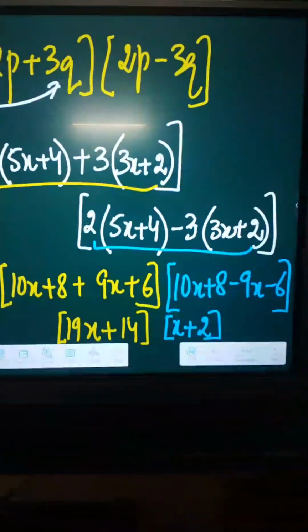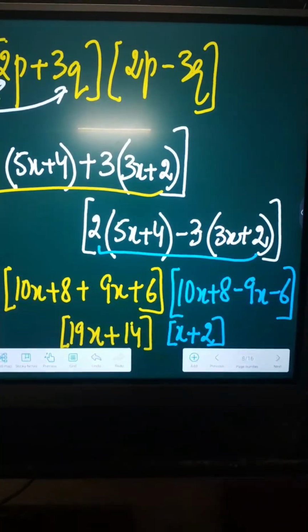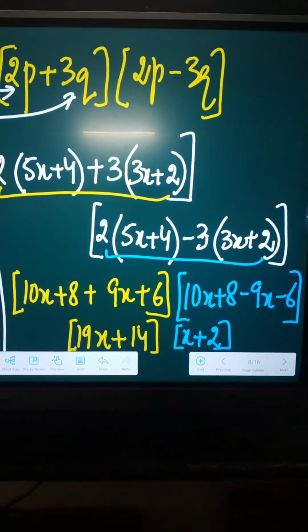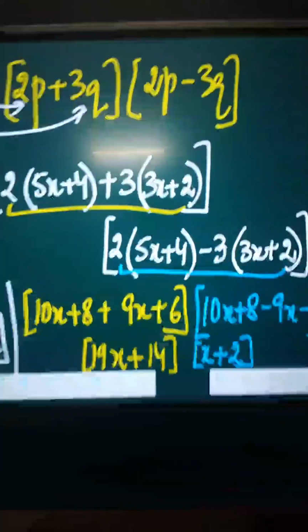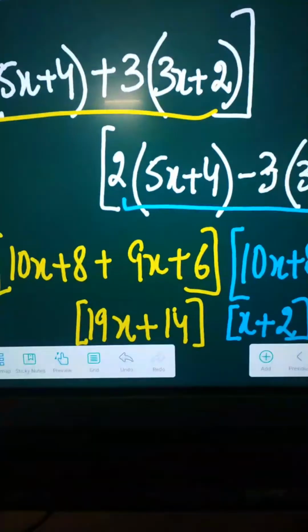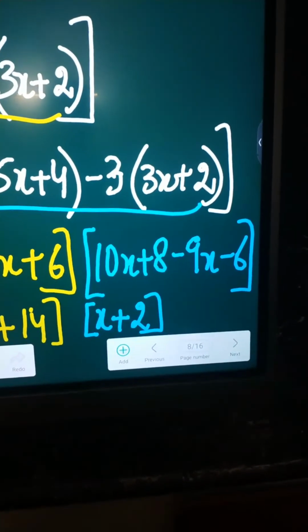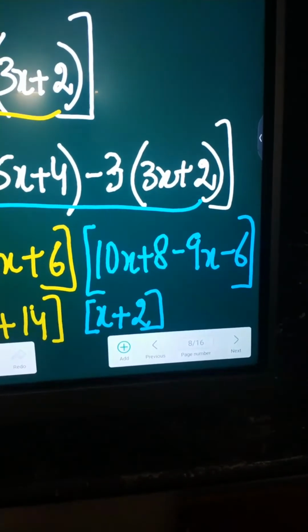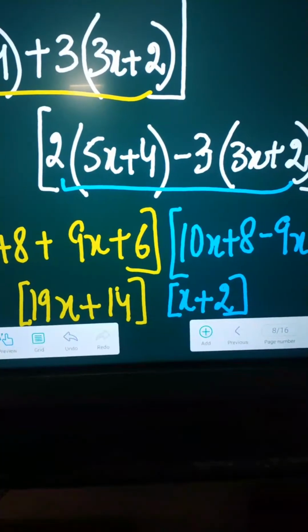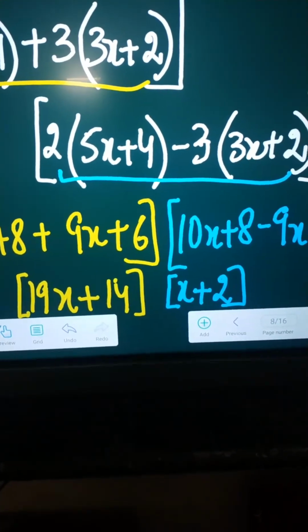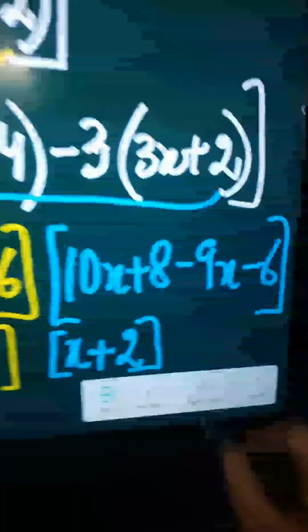This is the answer. So 10x plus 8, 9x plus 6: 10 and 9 become 19, 8 and 6 become 14. Here 10 and 9 become 1, so x, 8 and 6 become 8 minus 6, 2. So the answer is 19x plus 14, x plus 2. Check the answer.